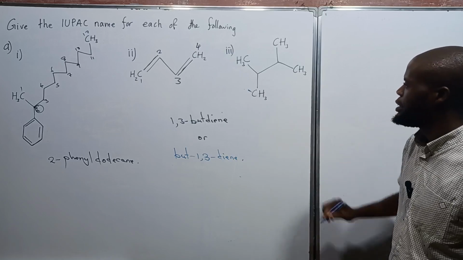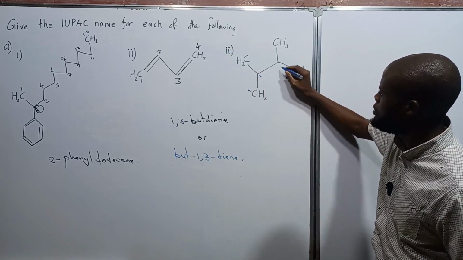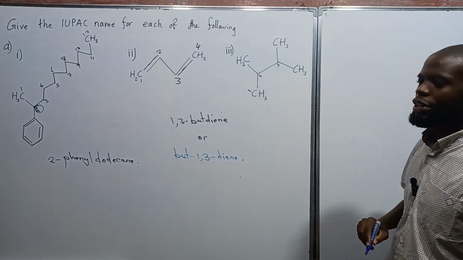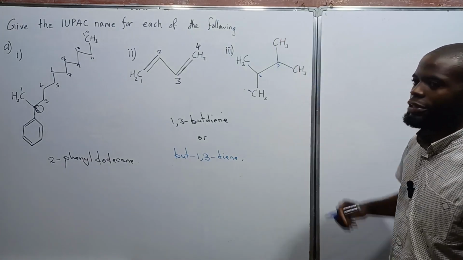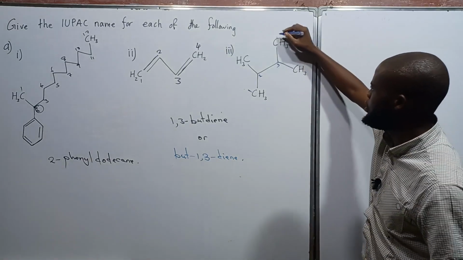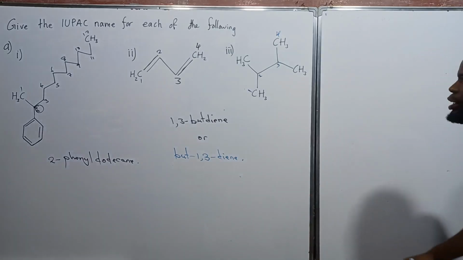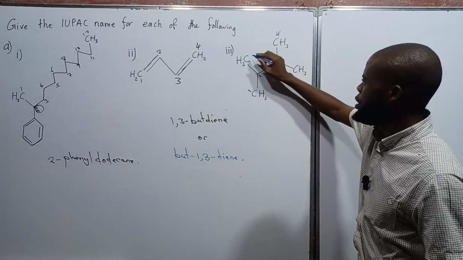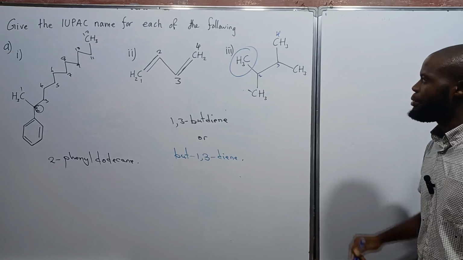This is carbon number 1. At this joint is carbon number 2. This is going to be carbon number 3. And this could be our carbon number 4. This could also be our carbon number 4. So let's just number this as carbon number 4. Now, at carbon number 2, there is a substituent attached.